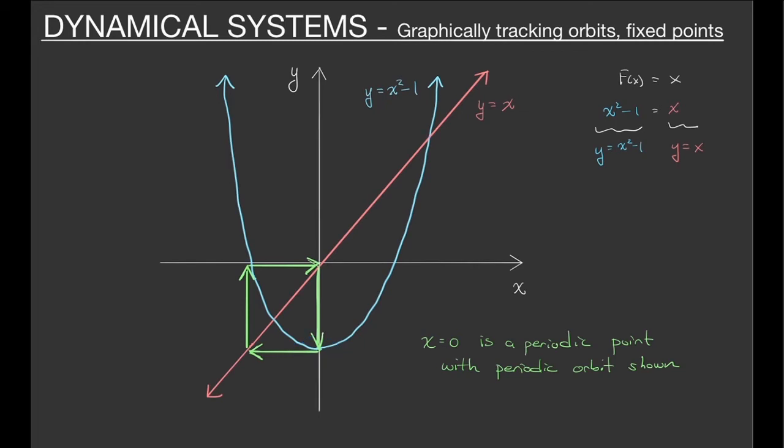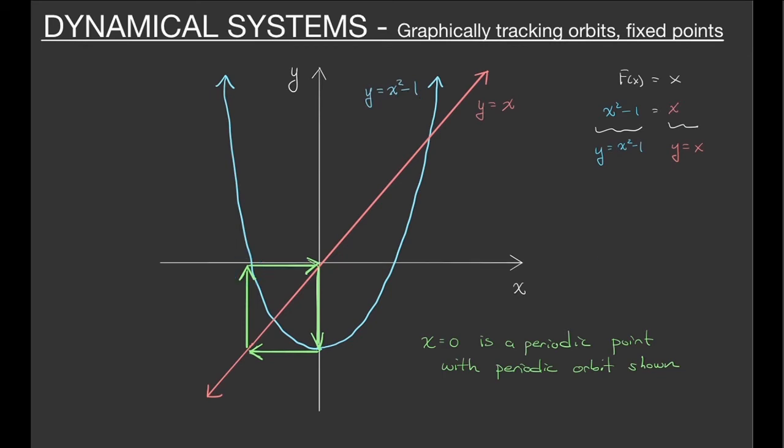In order to get there, we take negative 1 and move it over to the identity line. Now we can see that we're at negative 1 for our x value. Substituting negative 1 into this equation, we get 0, so that brings us back up to 0.